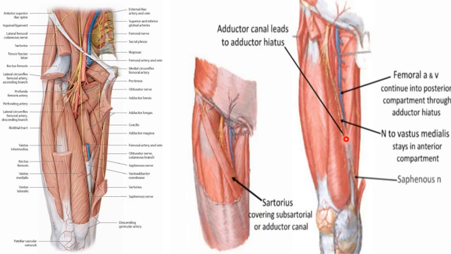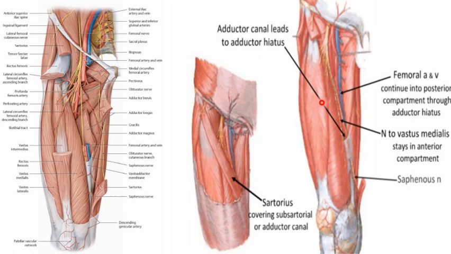And this is the upper two-thirds and the lower one-third of the front of the thigh, where it passes through the adductor hiatus and courses behind the thigh, and in the popliteal fossa, which is the fossa behind the knee, it continues as the popliteal artery.